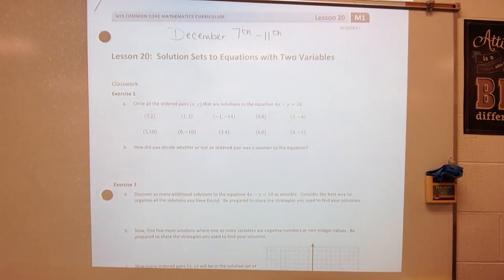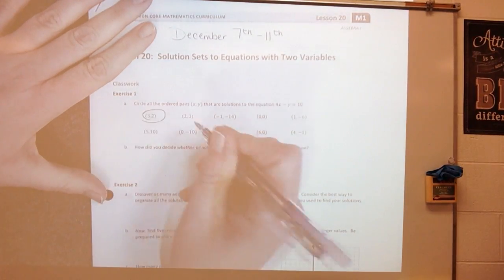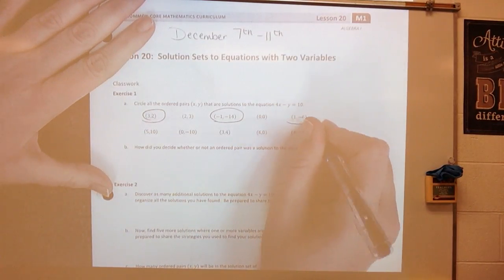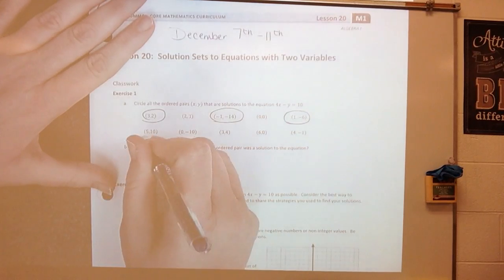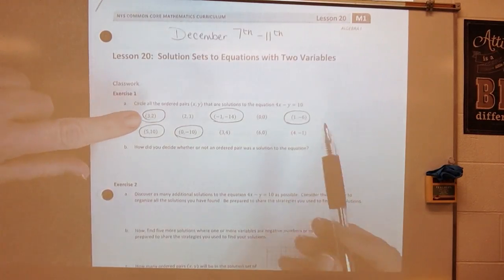So pause the video, take a moment, and go through these and see which ones are true statements. Doing that, you should have realized that the ones that I have circled are the true statements. Let's see why.